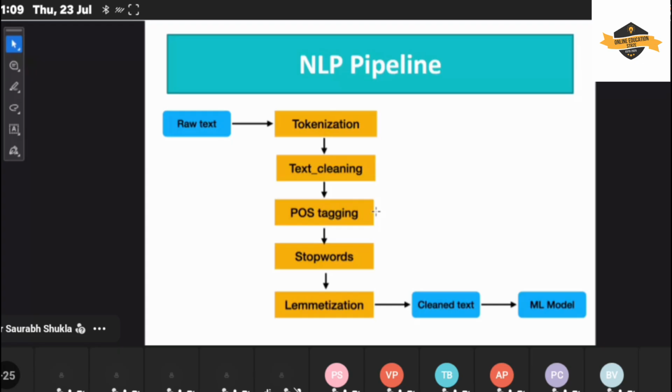Lemmatization means running, runs, run, flying, fly. You remove the ing and the s, and just make the base word run. Fast, faster, fastest. Remove all those words, come up to the root word fast. This is lemmatization. When you have clean text, a machine learning model, maybe an AI agent, is there and generating the next sentence. This is the general structure of the NLP pipeline.